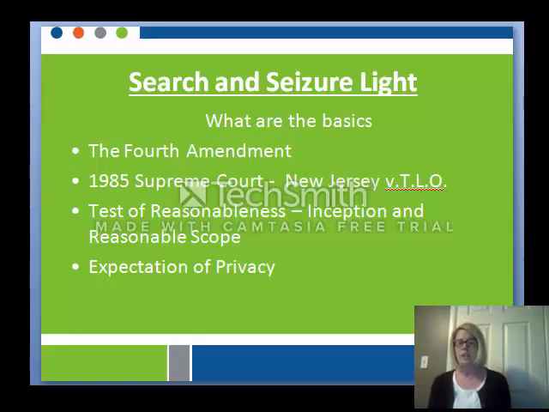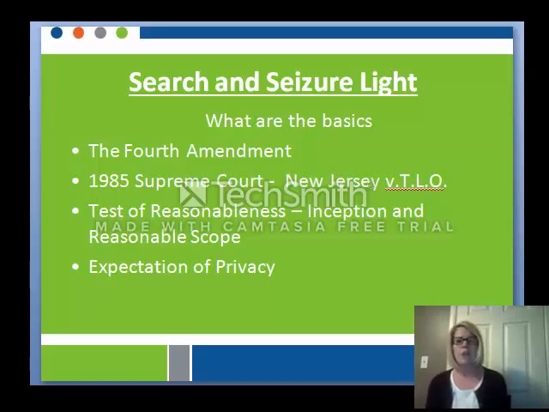Within this is the standard of probable cause, which basically means that the government needs to have a reasonable suspicion, and that needs to be supported with sufficient evidence. We see that take shape in the form of police needing a warrant before they can conduct a search and seizure. But we know we don't have warrants in schools, so how does this really play out in schools?